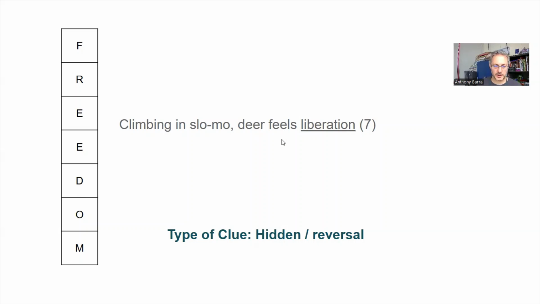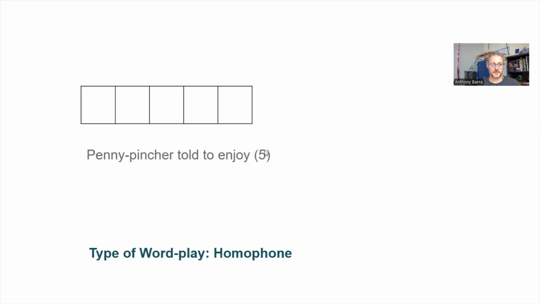And this, by the way, is a clue that is on the borderline of sort of legal or acceptable, because feels is maybe not the best link word. A link word is something that connects the word play to the actual definition. So I don't want to get into it too deeply right now, but this one might be a bit iffy as far as its legality, so to speak.